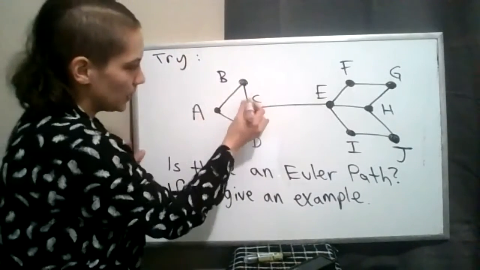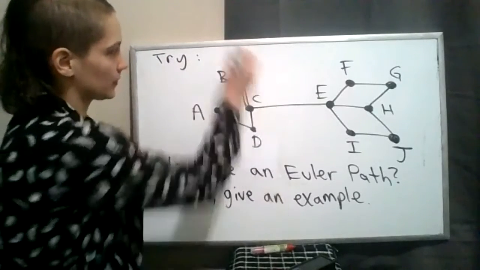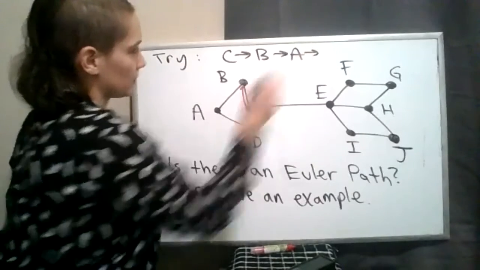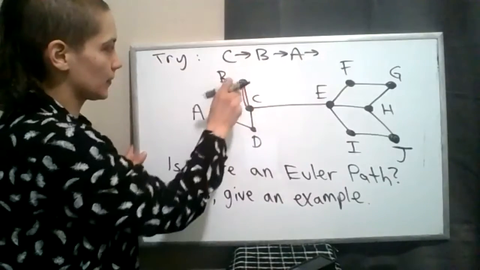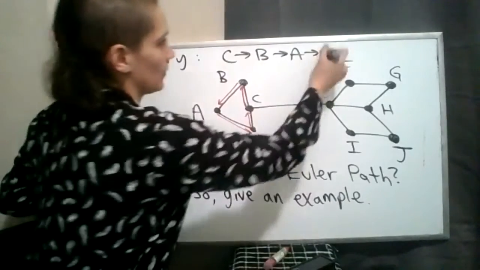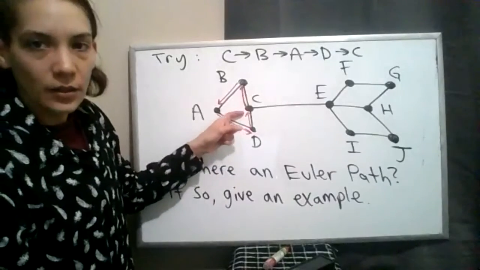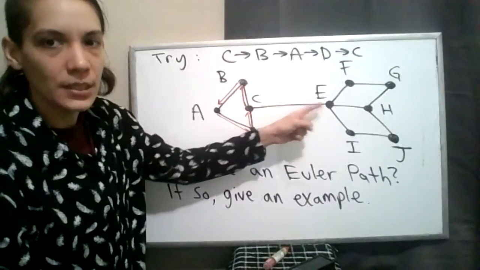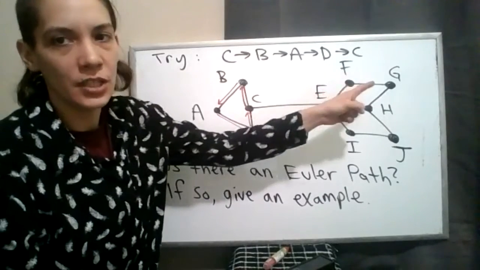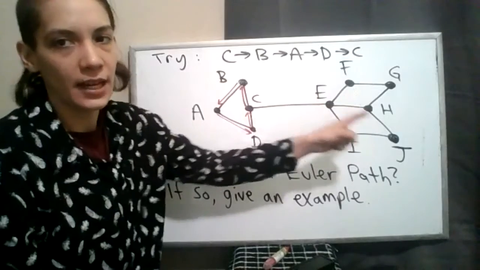All right, we're going to go around the triangle, C, D. Let's go over here, C, D, C goes to E, and let's try going to F, G, H, F, I, J, H. Cool, I did it.